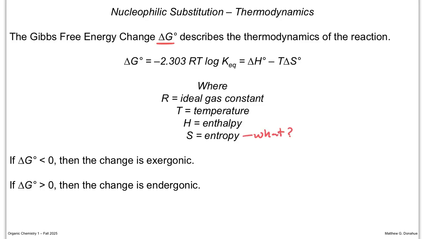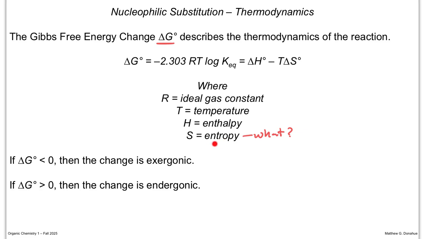And if you understand what the word entropy is, please explain it to me, because I do not. It's very hard to conceptualize what that means. The kind of broad term people use is disorder or chaos, but really, how do you think about that?